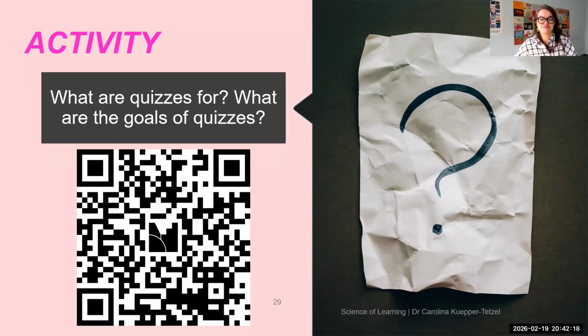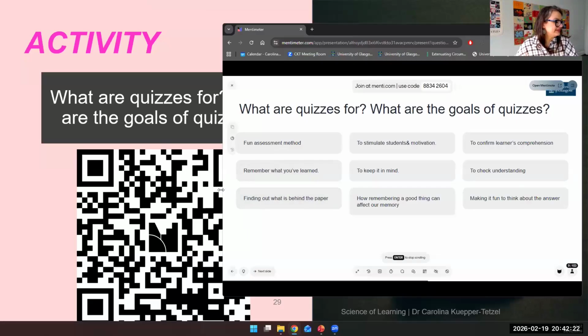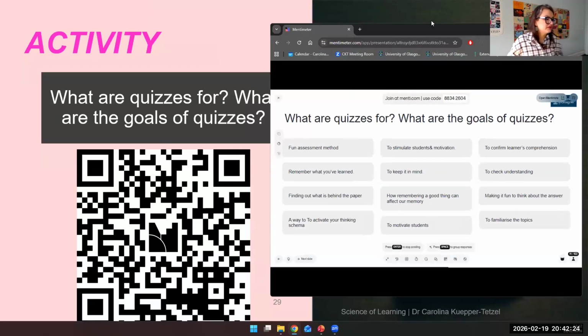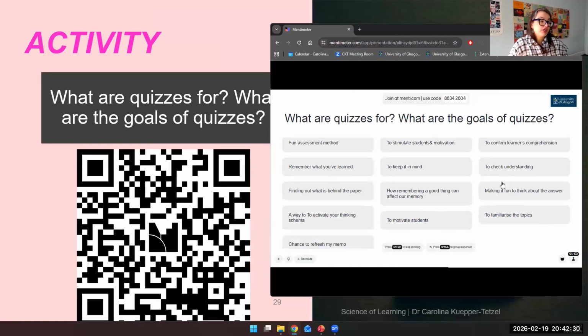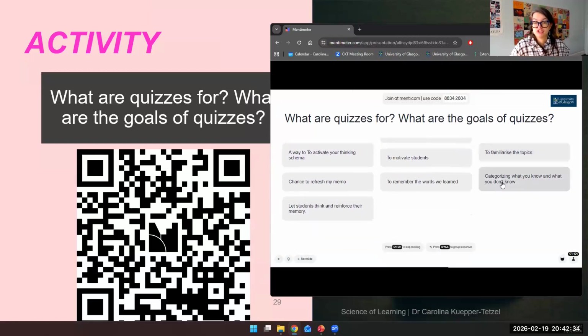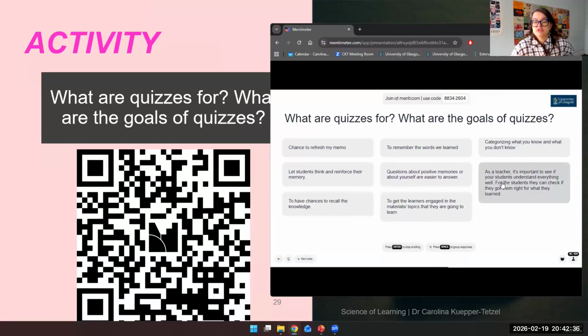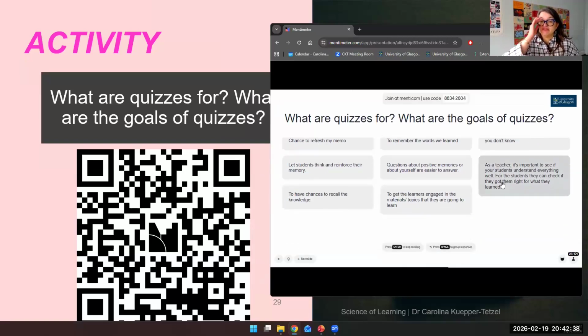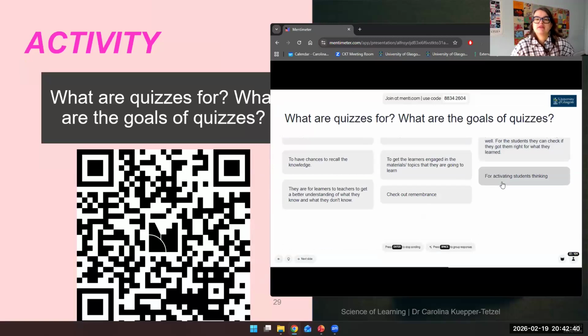So many good things. Keep them coming. I'm going to share already what you're writing, but do keep them coming. To check understanding, how remembering a good thing can be to affect your memory. For motivation, it's to motivate your students, and it can be very motivating to take a quiz and get questions right and know where you are with your understanding.